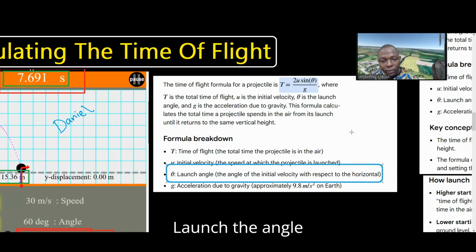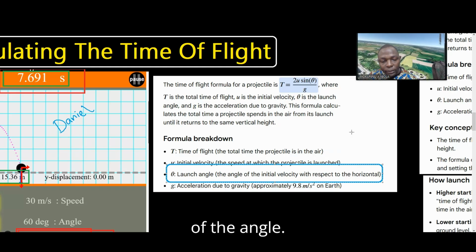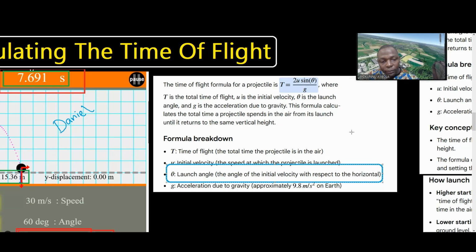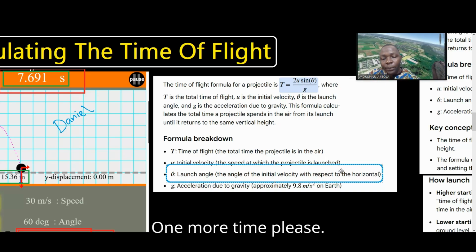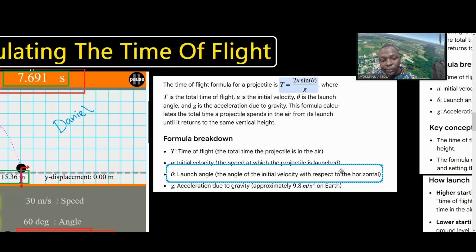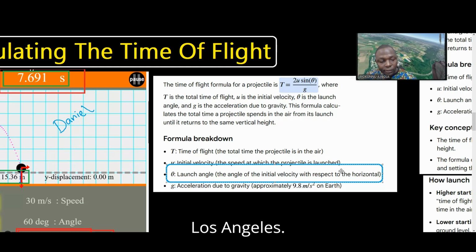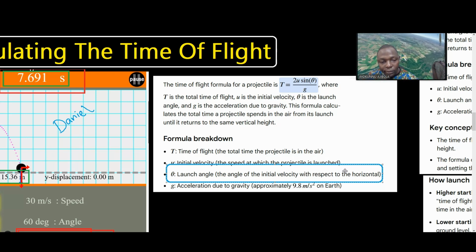Launch angle. The angle of the initial velocity with respect to the horizontal. One more time, please. Launch angle. The angle of the initial velocity with respect to the horizontal.